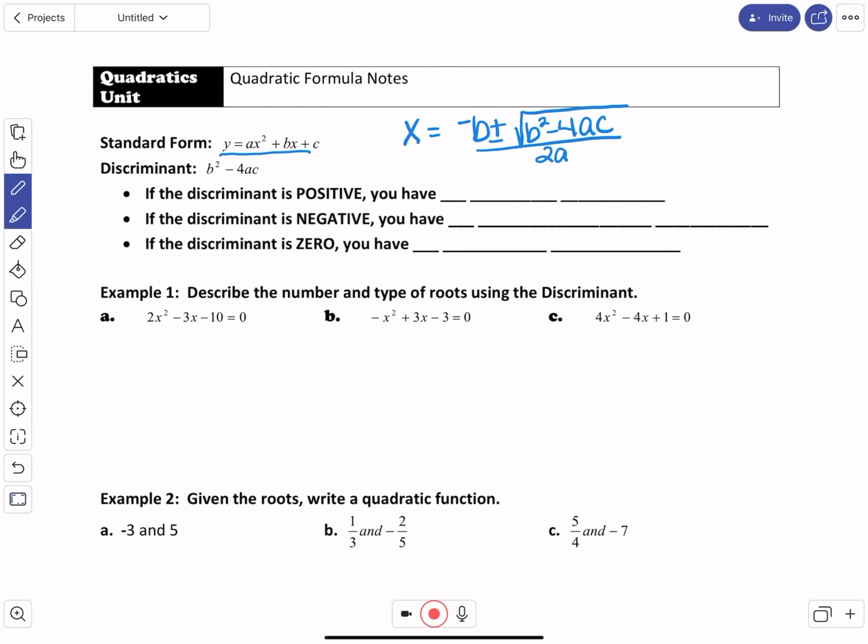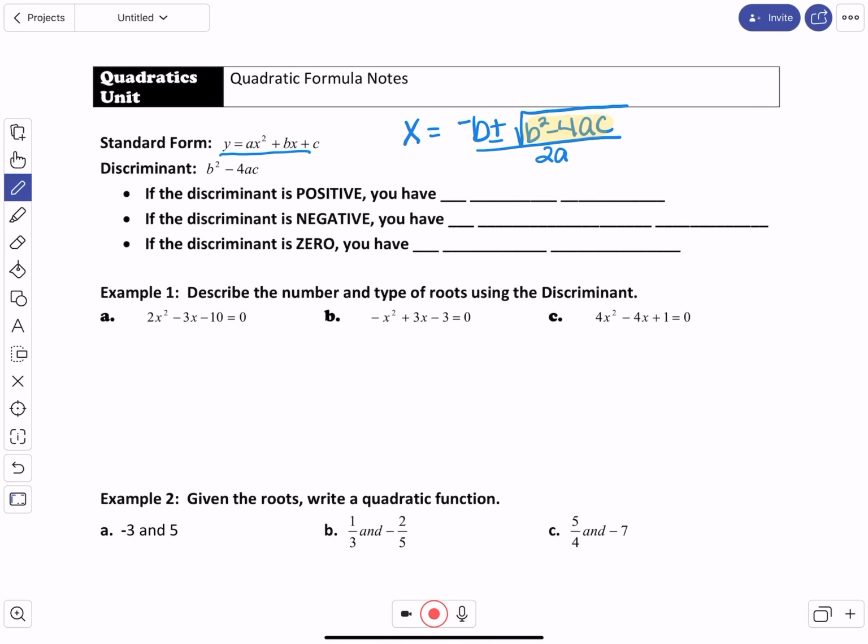So if you notice here, the discriminant is this part right here. It's the part underneath the radical. And it tells us a few things about what the quadratic formula is going to do. So it's just a small part of the quadratic formula. So we're going to focus on it first.